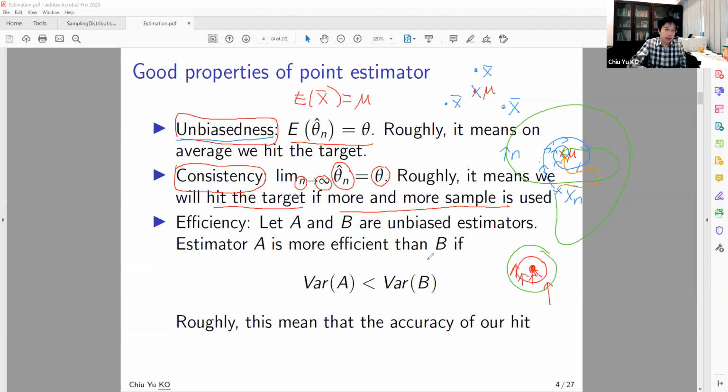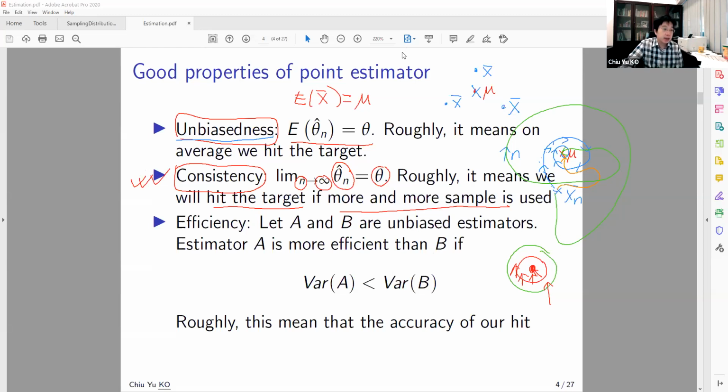Okay, and consistency is something we hope to have, and this is usually the most important thing, right? At least you need consistency. At the very end of the day, if we have an infinite amount of resources, we should get it, okay? If this is not satisfied, then probably there's a problem, okay?